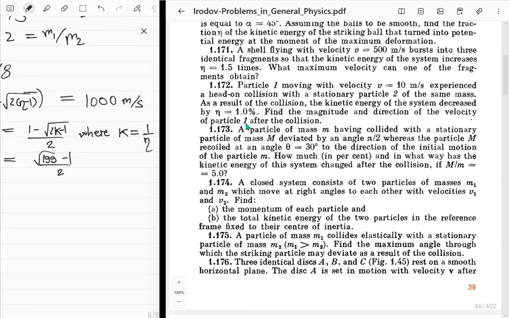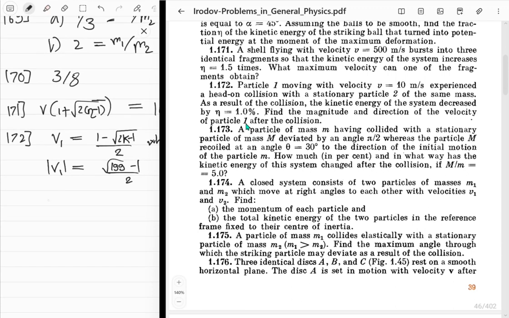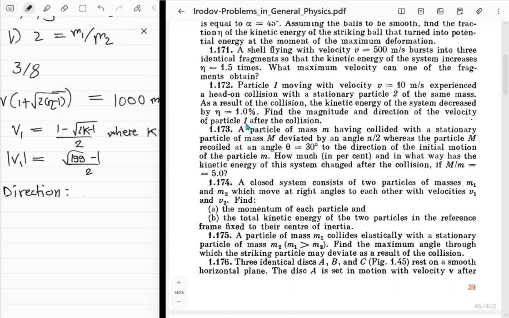Yeah, this should be enough. And direction: opposite to v. Oh, all of this times v, sorry, I almost forgot that. And yeah, v is just 10 meters per second, so it's supposed to be this times 10.